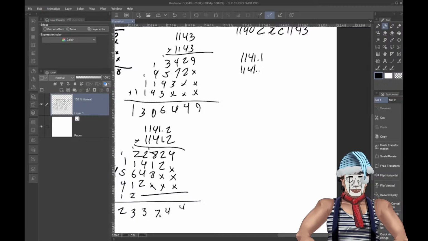Our new range is from 1141. Wait a minute. It's between 114, 1.05 and 114, 1.1. So many numbers to choose from. Which is the right one?